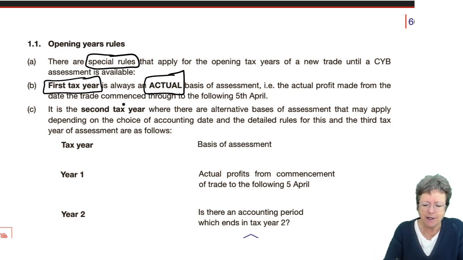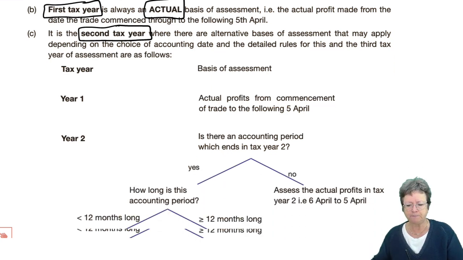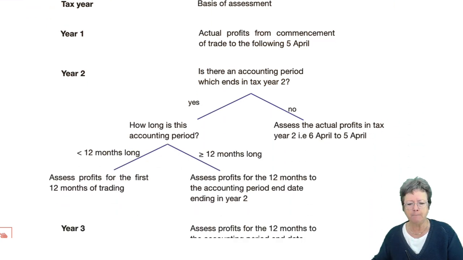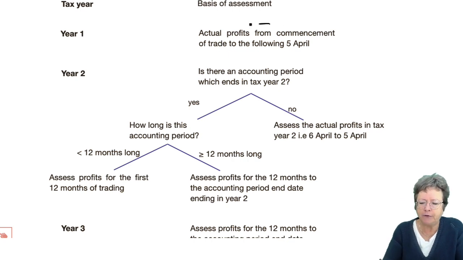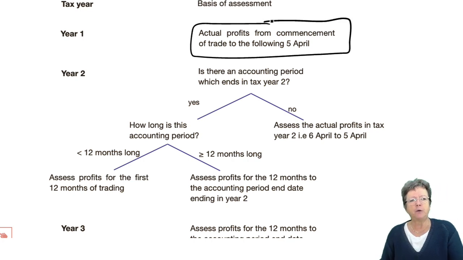In the second year, there will be several different rules that you need to check, to see which one applies. All right, these are the rules. Okay, so in year one, the actual profits from the commencement of trade to the following 5th of April.